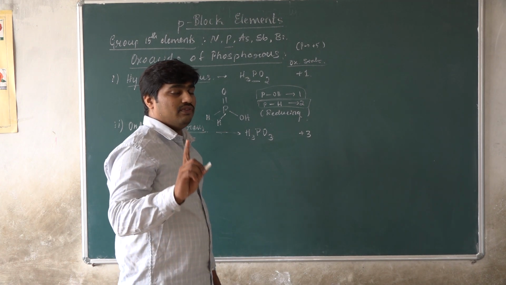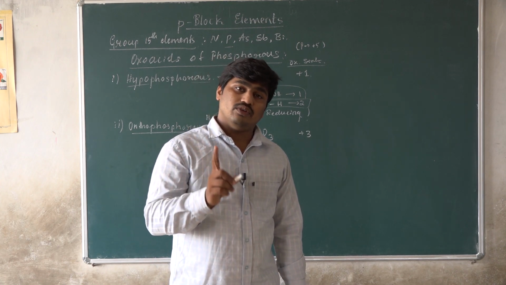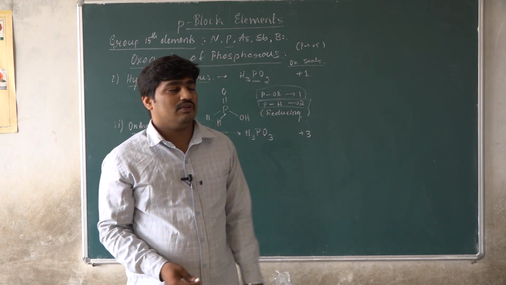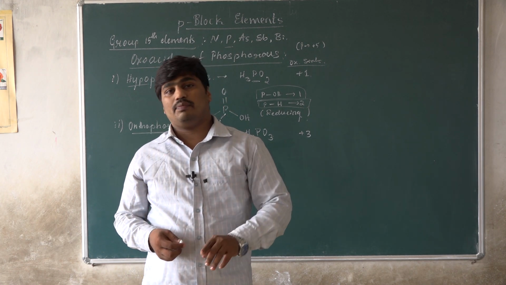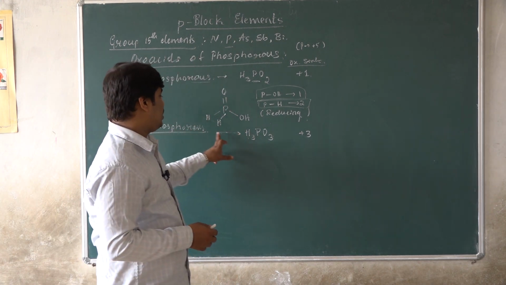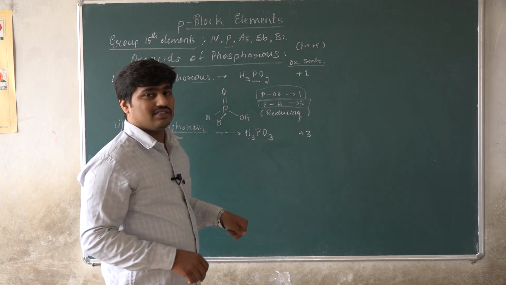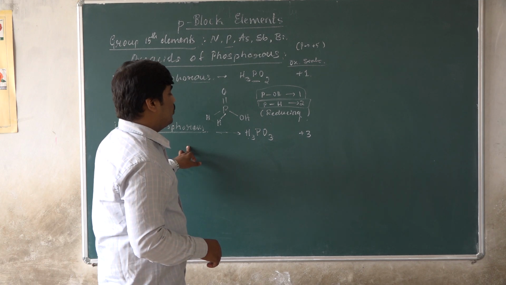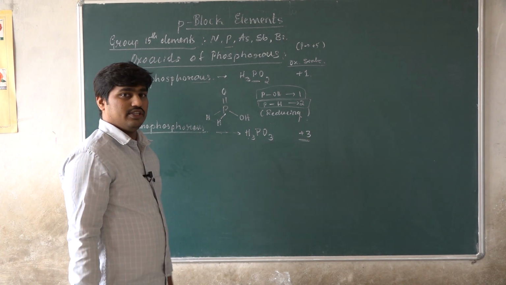If phosphorus in any compound shows +5, since more than +5 is not possible, then we use the IC suffix for the compound. Because of that I am using the OUS suffix in this compound. Please remember these +1 and +3 oxidation states.